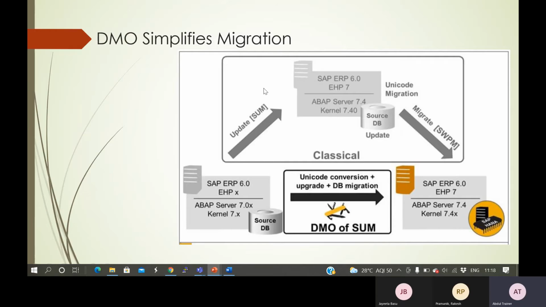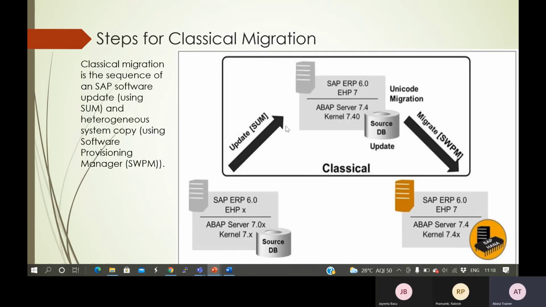If you are going with the classical migration, first you have to update from EHP 6.0 to EHP 7. One downtime is required. Then perform the Unicode migration. A second downtime is required. Then migrate your systems from the source to the HANA database.